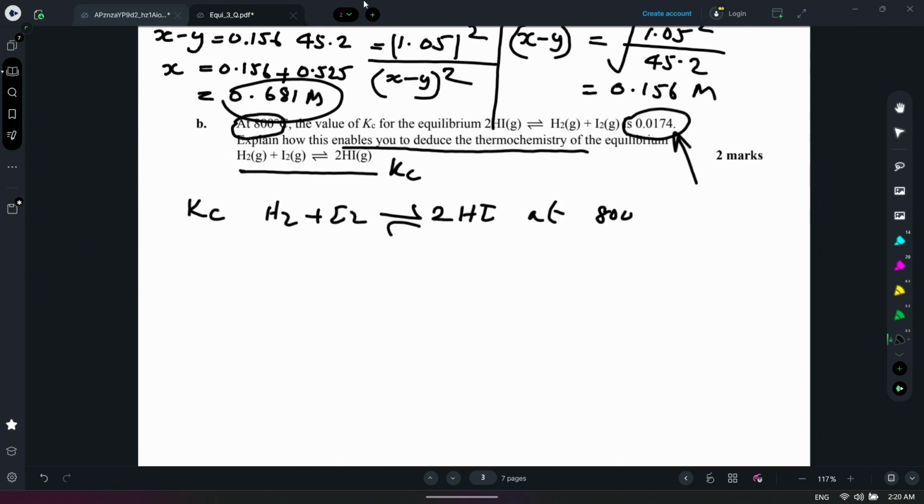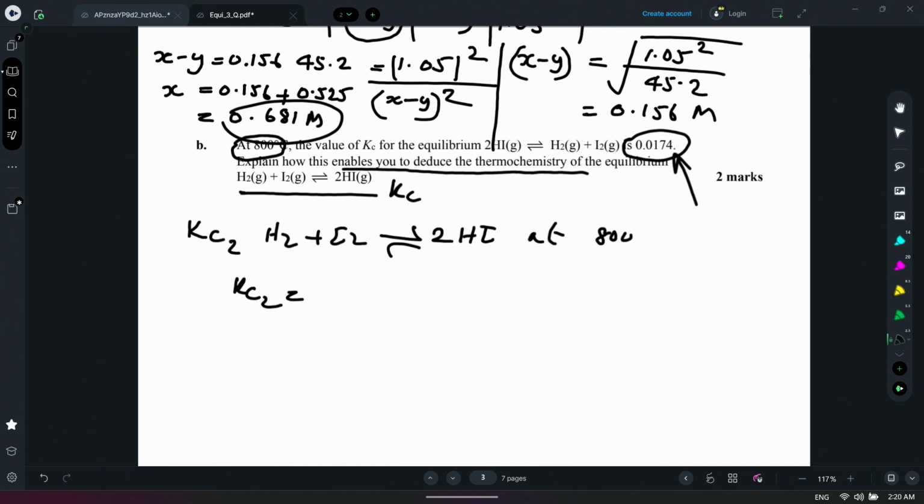Okay, let's find the Kc value for the reverse reaction. Let's say Kc2 at 800. To find Kc2, you need to compare this reaction and this one, which is the reverse of the one whose Kc value is given to you.